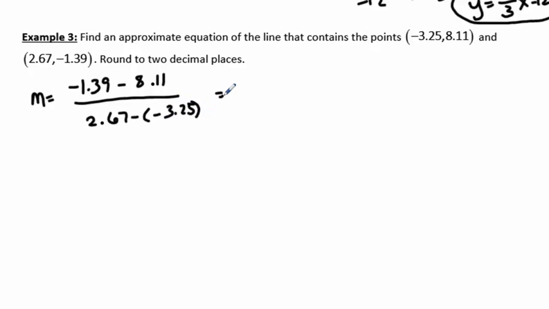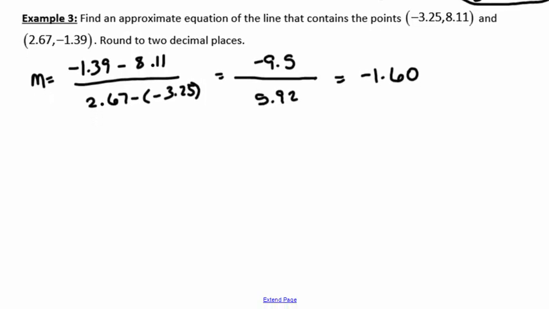Grab a calculator and let's go ahead and figure out what those values are. Subtract the numerator and subtract the denominator. If I subtract the top, I get negative 9.5, and on the bottom 5.92, and we'll divide those to get our approximate slope. So the division comes out to be negative 1.604. So if we round it to 2 decimal places, it's going to be negative 1.60.